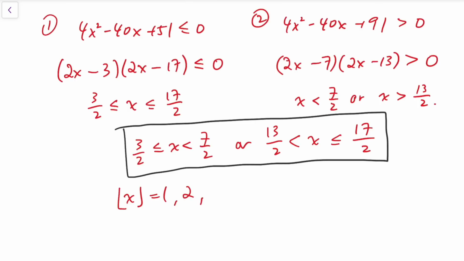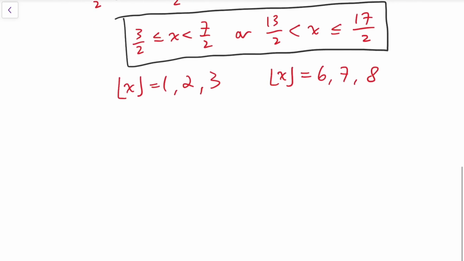Of course, it can be 2, or somewhere between 3 and 3.5, so the floor function of x can also be 3. Whereas for the second possible range, x lies between 6.5 and 8.5, so using a similar argument, it can be either 6, 7, or 8. So we have 6 possible values for the floor function of x.